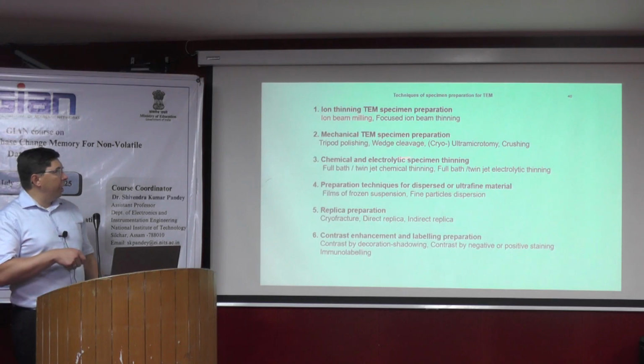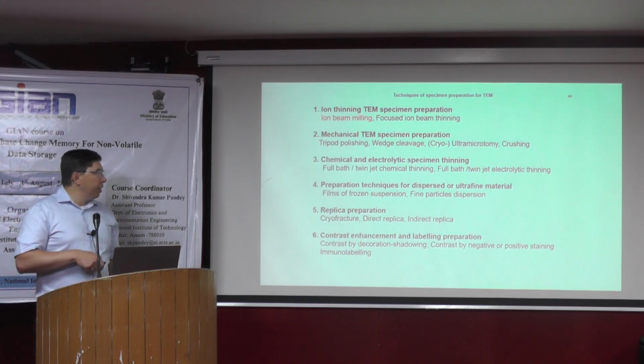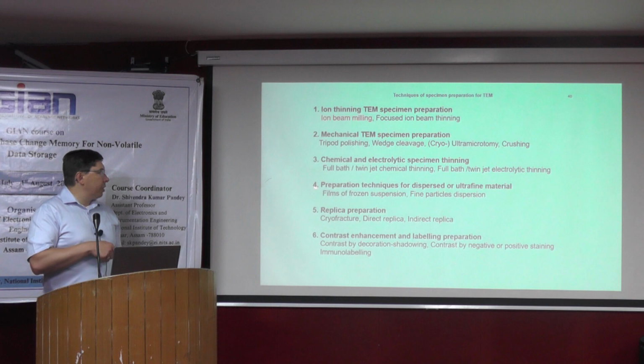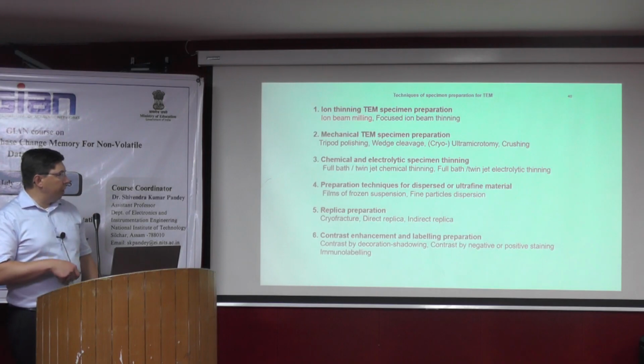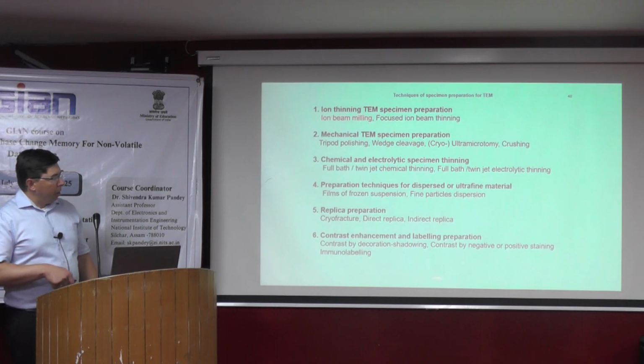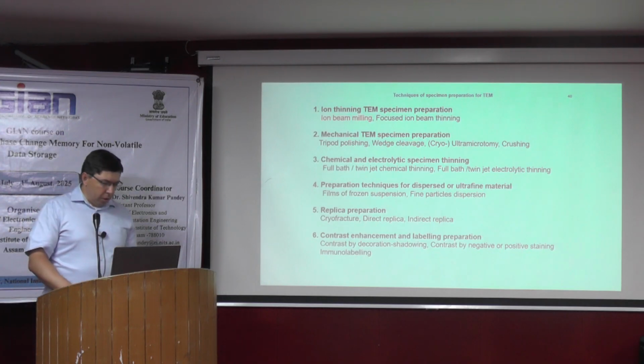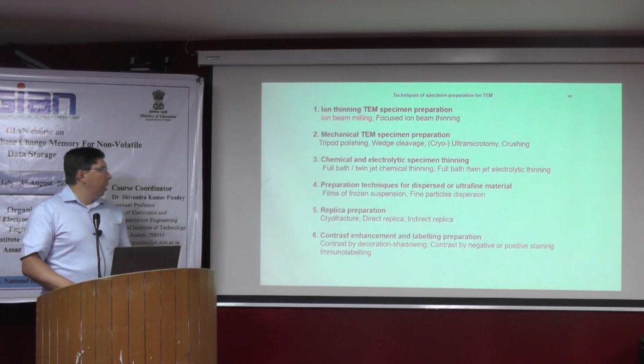Third, chemical and electrolytic specimen thinning. Fourth, preparation techniques for dispersed or ultrafine material. This is replica preparation, the old technique. And this is contrast enhancement and labeling preparation. These are more for biological specimens.